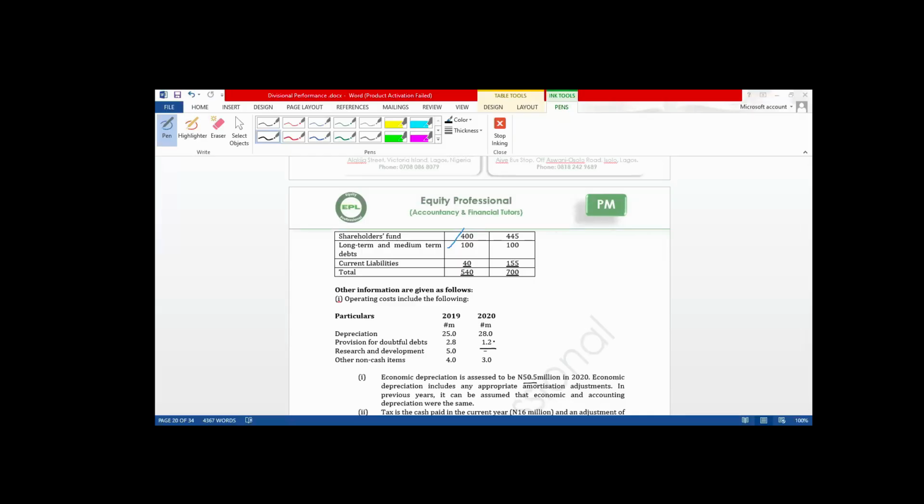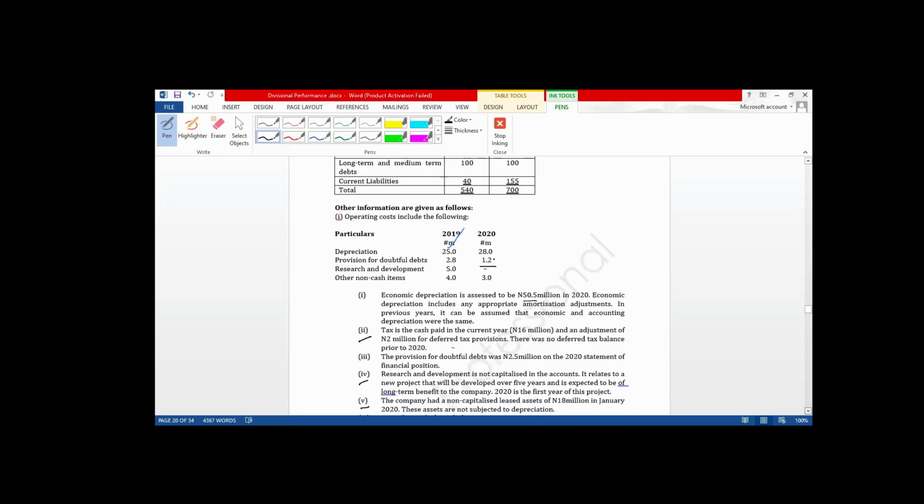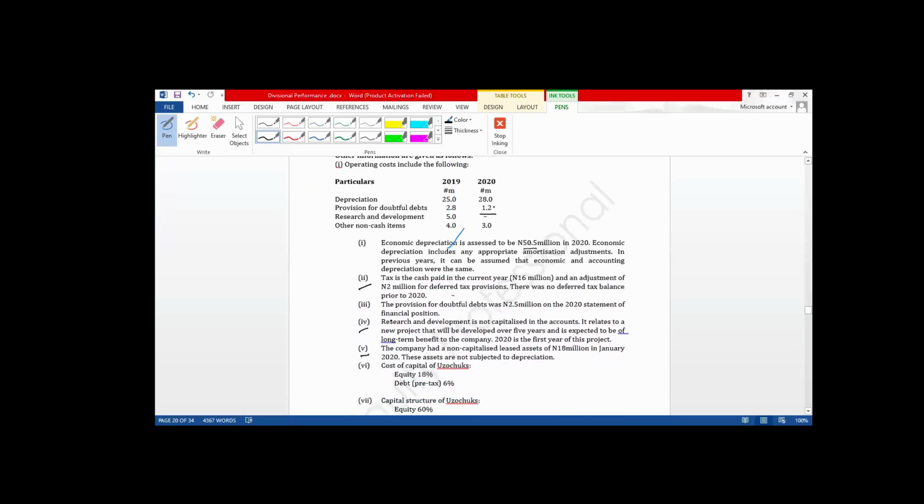Now look at note number 3. The provision for doubtful debt was 2.5 million on the 2020 statement of financial position.